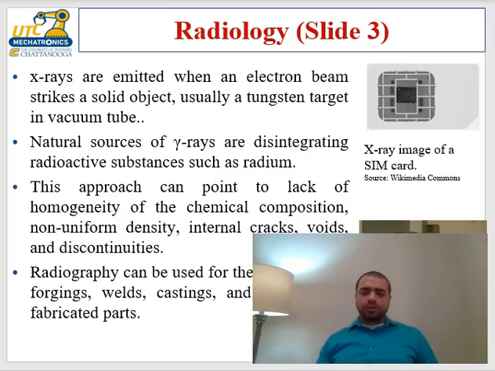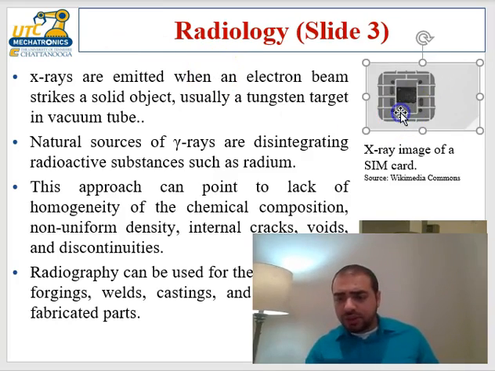This approach can point to lack of homogeneity of the chemical composition, non-uniform density, internal cracks, voids, and discontinuity. When you use radiology, you can find, for example, here, look at it. For instance, this is an X-ray image of a SIM card. You know the SIM cards in the phone. You see the shape of the SIM card, this corner here.